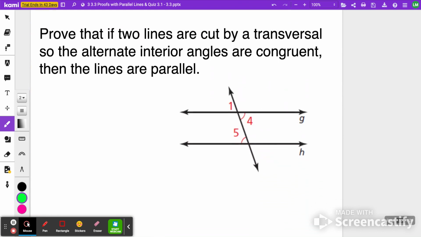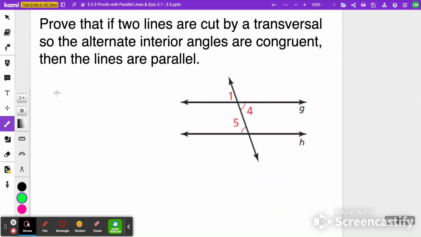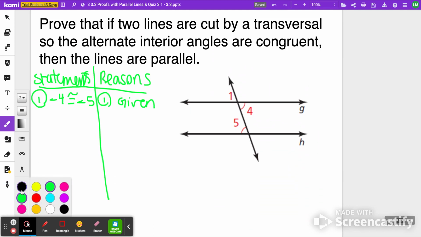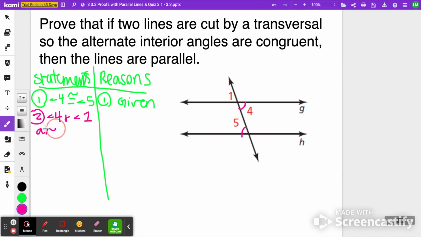Prove that if two lines are cut by a transversal, so the alternate interior angles are congruent, then the lines are parallel. So we're going to write a proof here. You can write it whatever way you want to, but I'm going to write a 2-column proof. All right, so we always start off with our given, which is saying that angle 4 and angle 5 are congruent based on the diagram. Then I'm going to go on and say that angle 4 and angle 1 are congruent.